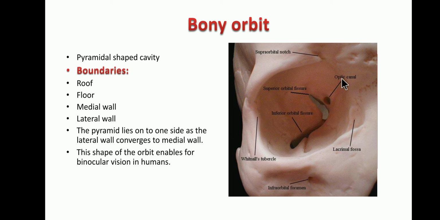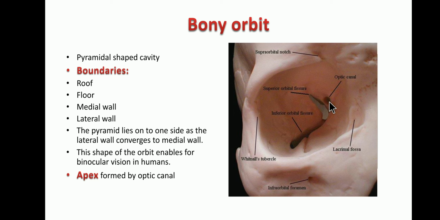Now let us try to understand each and every wall and the features present on it. The apex is mainly formed by the optic canal, as I told you, which transmits your optic nerve, the second cranial nerve of vision, and the ophthalmic artery, along with its dural sheath.